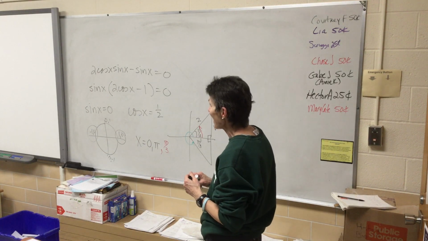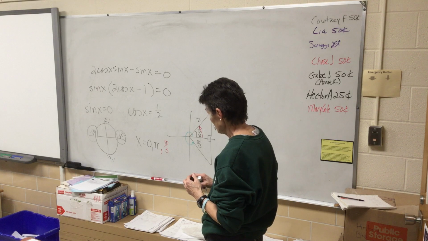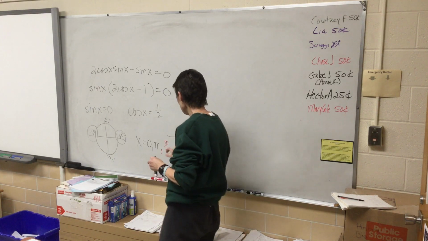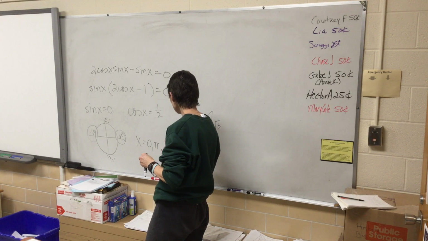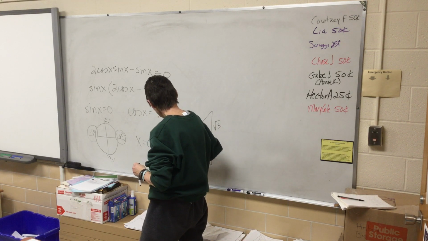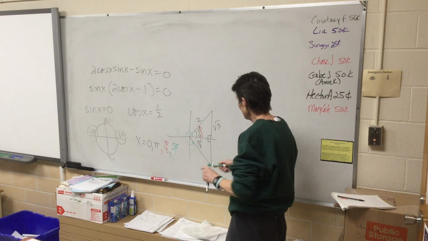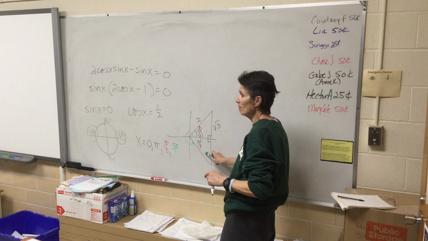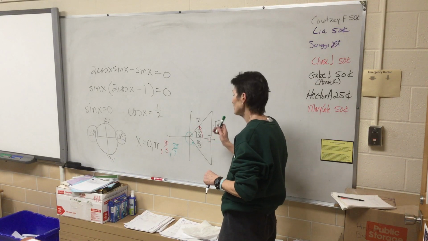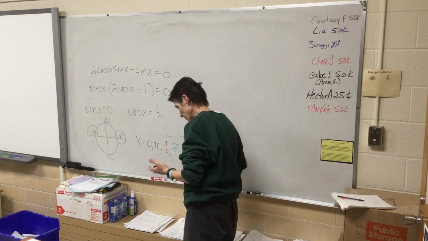How much is that in radians? 5. Exactly. Isn't 300 5 times 60? So it's 5 pi over 3. It's 2 pi minus pi over 3, or 5 pi over 3. All right, good job, that one's done.